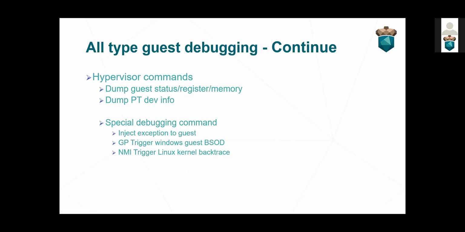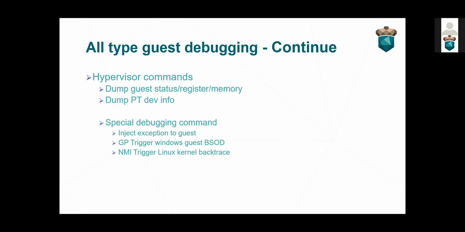Okay, and also just like I said, we have hypervisor commands we could use to check the guest status, like dump the guest registers. You could dump the guest memory, and also you could dump the pass-through device info and pass-through interrupt information. There are some special debug commands we just introduced to ACRN to benefit our guest debugging.